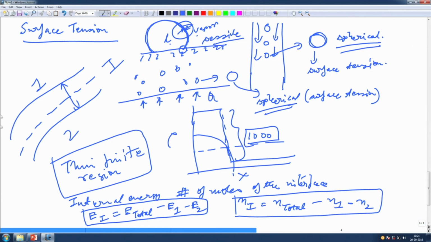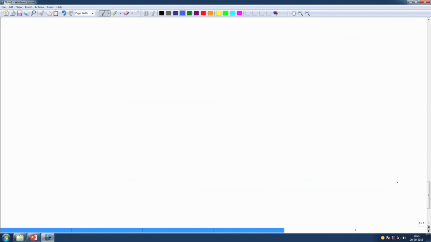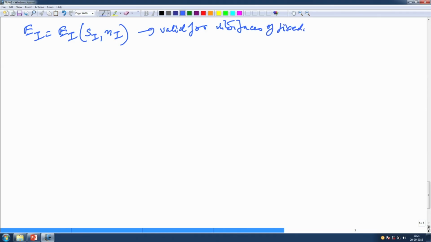Okay. Now, let us go to the next slide, and EI therefore is a function of both SI, that is the entropy, and the number of moles of the interface, which is valid when the shape and location of the interface is fixed, valid for interfaces of fixed shape and they are flat.